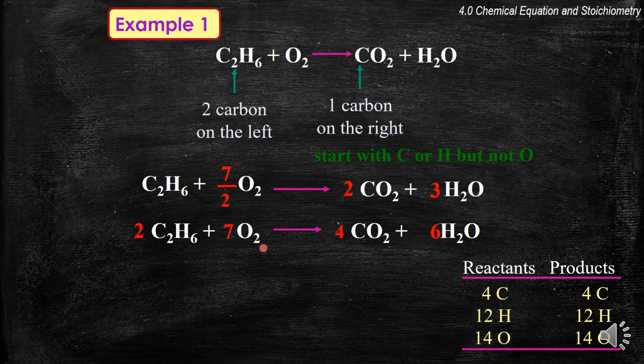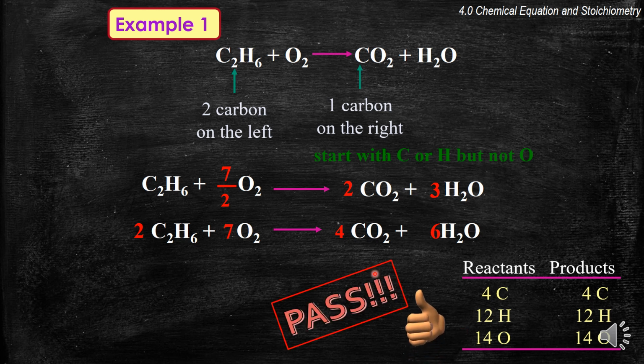The final value is 4 carbon, 12 hydrogen, and 14 oxygen on both sides. Note that the coefficients used in balancing the last equation are the smallest possible set of whole numbers.